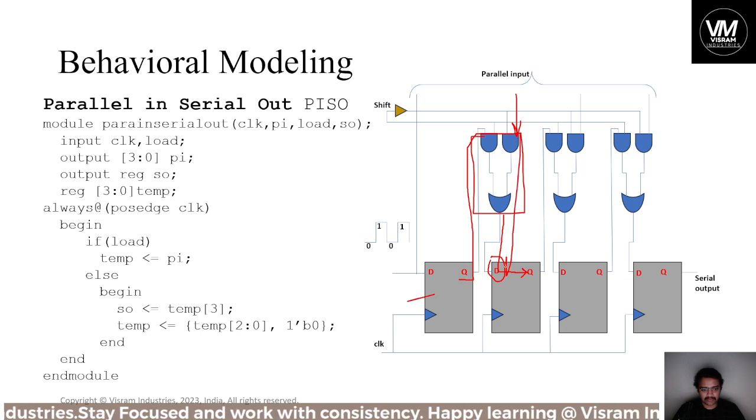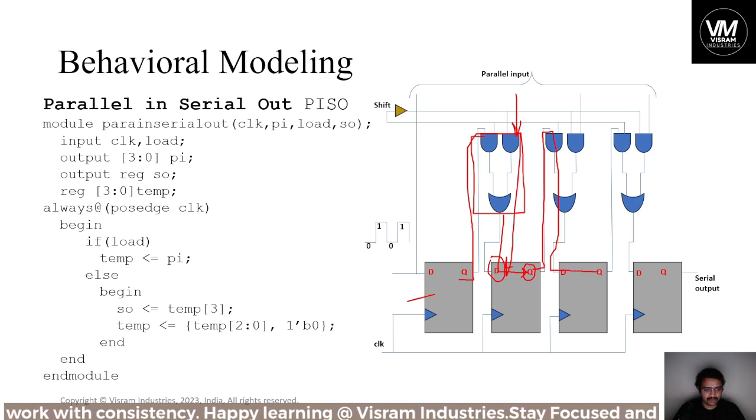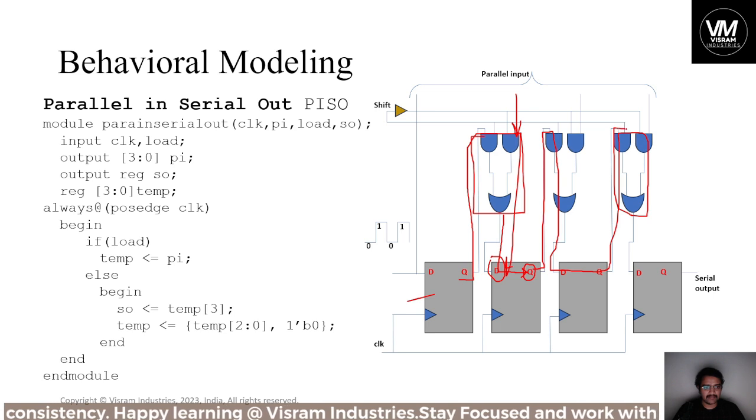So the parallel input will also be there, and Q will get an output based on the operation, and this Q will be loaded again in a sequence, and that sequence will go through this. Understand the functionality here.